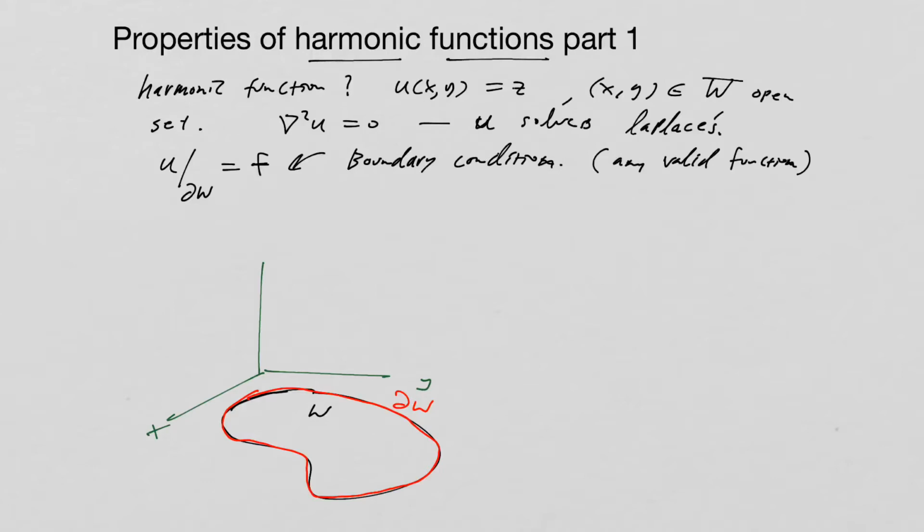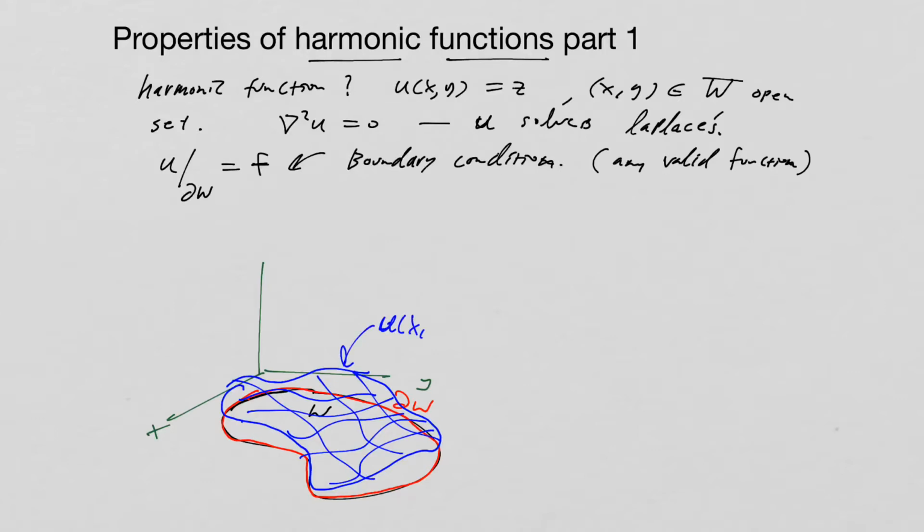And our function u is defined everywhere on that set W. And u of x comma y is equal to z, the z value there.